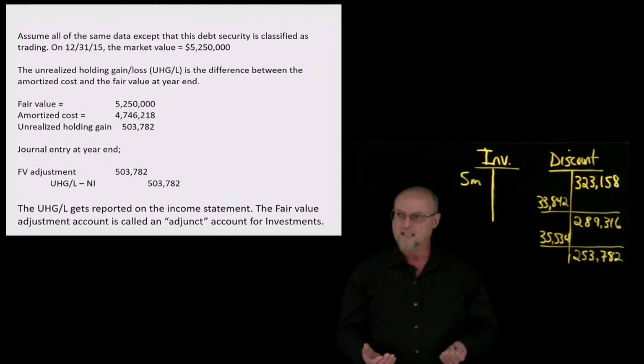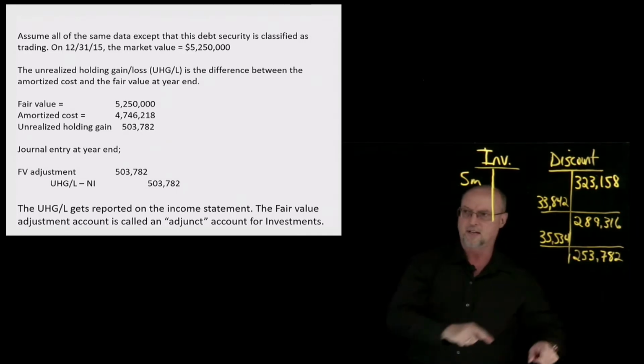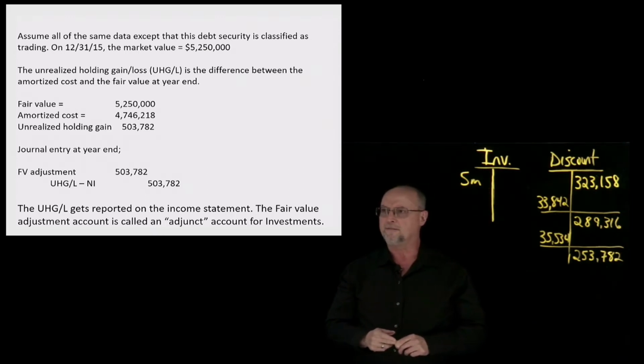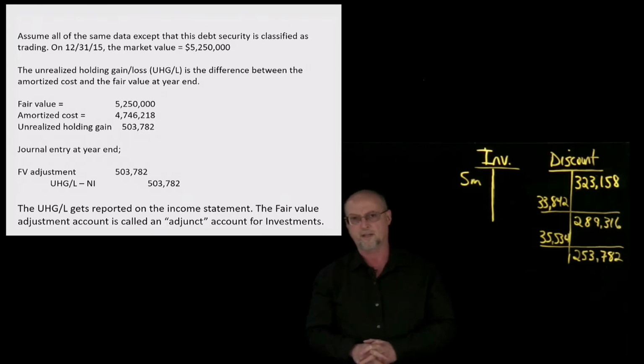Okay, so the amortized cost at the end of the year is face minus the unamortized discount. Okay, and the fair value is now $5,250,000. We have an unrealized holding gain of $503,782.